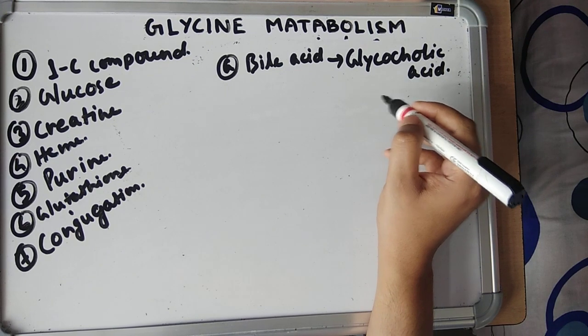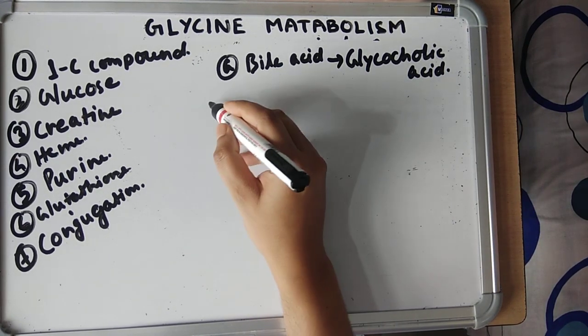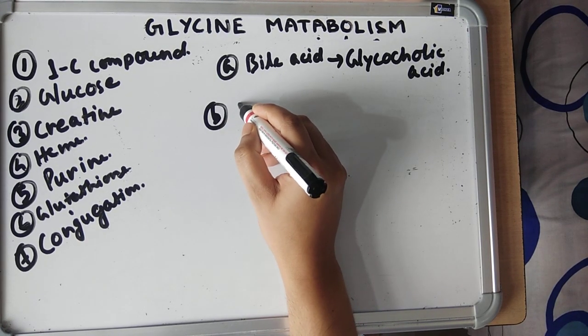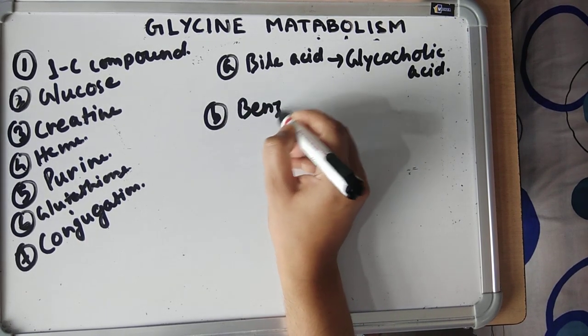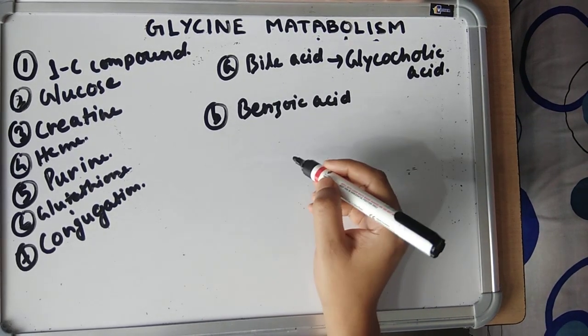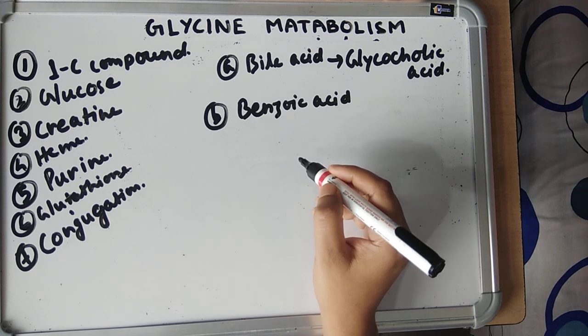And it combines with chenodeoxycholic acid to form glycochenodeoxycholic acid. Next is benzoic acid, which is a food preservative. So benzoic acid needs to be excreted in the urine. First it is conjugated with glycine and it forms hippuric acid and is excreted in urine.